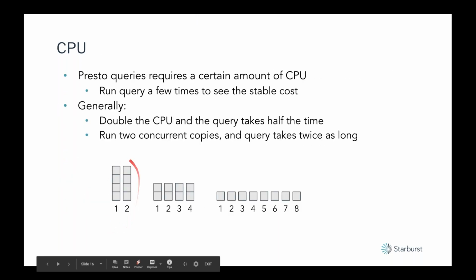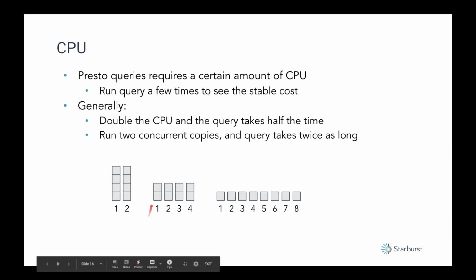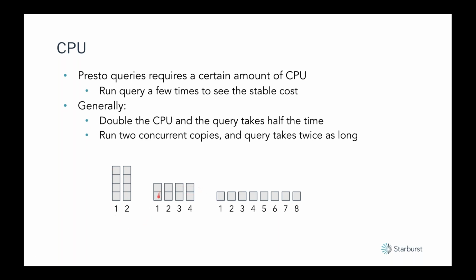In the first one, I only have 2 cores and 8 little units of work. Basically they stack up on the cores, and then they start burning down these little jobs. If I had 4 cores, then each one would end up on average doing about 2 pieces of work. If I had 8 cores, they all line up, and for this workload, this is as fast as it can get.